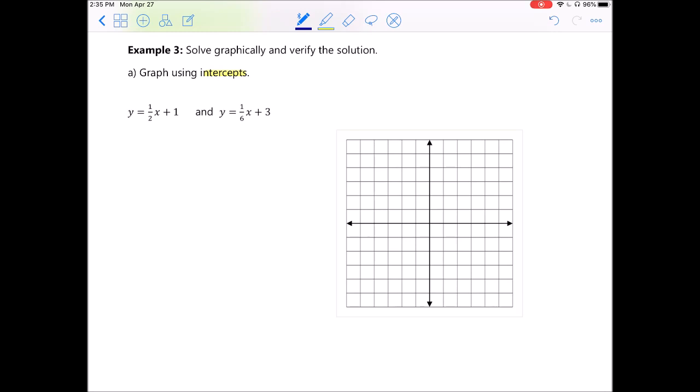So we know from this y equals mx plus b, we know that b is the y-intercept. So we can state that b is 1 for the first equation, and therefore the y-intercept happens at (0, 1).